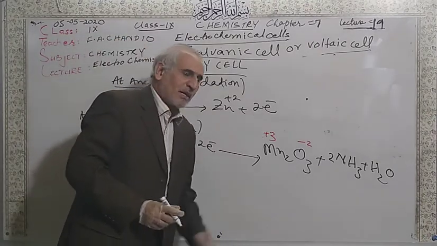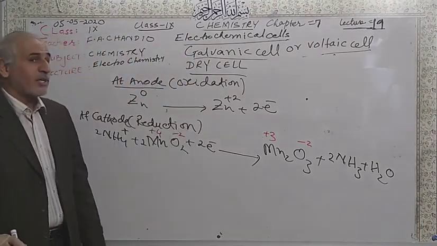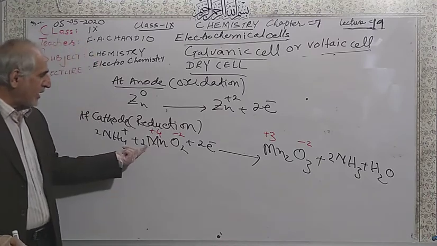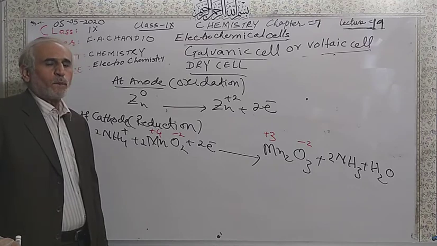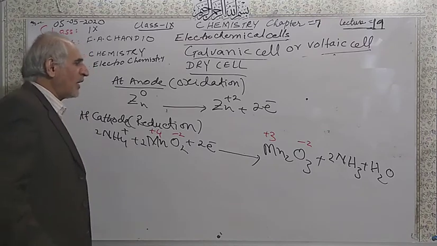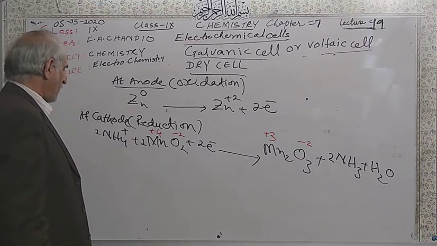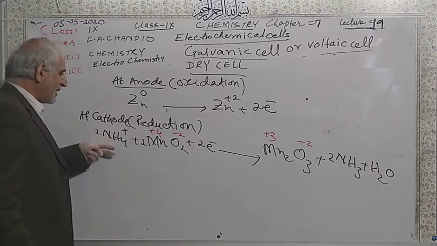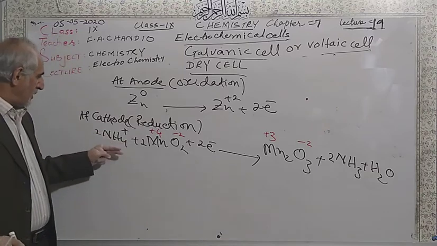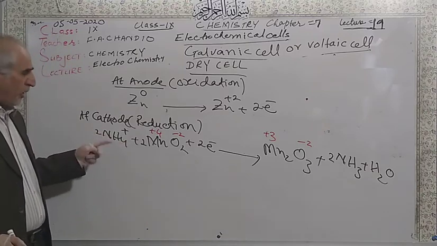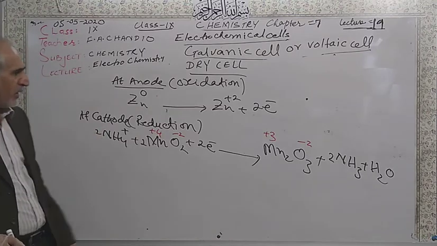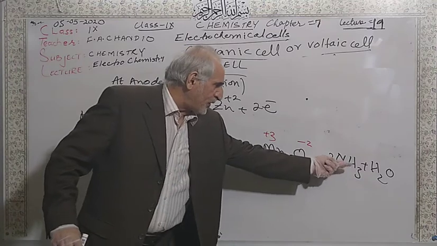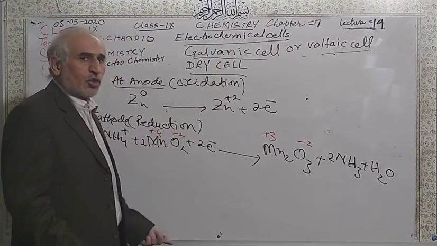So there is a 3 oxidation state on manganese on the product side. On the reactant side, the manganese is positive 4. The difference is only 1 electron here. In ammonium, nitrogen is negative 3 and hydrogen is positive 1, and in ammonia nitrogen is negative 3 and hydrogen positive 1, so no change.